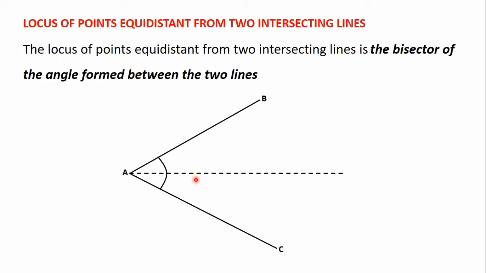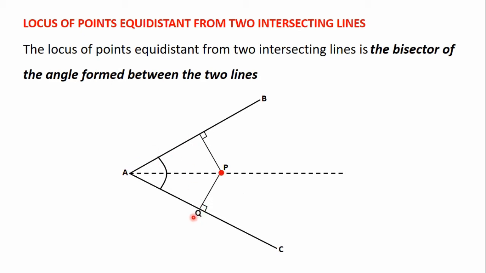Because this bisector gives us the locus of points equidistant from line AB and line AC, if we pick a point on this bisector, let's say this point, I'm going to call it point P, and we draw a perpendicular line from point P to the line AC, and we draw another perpendicular line from point P to the line AB.